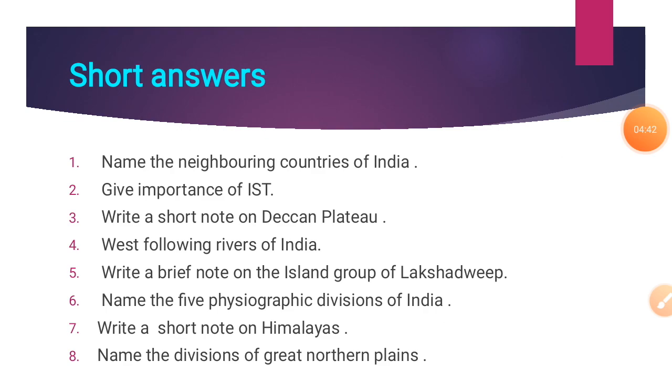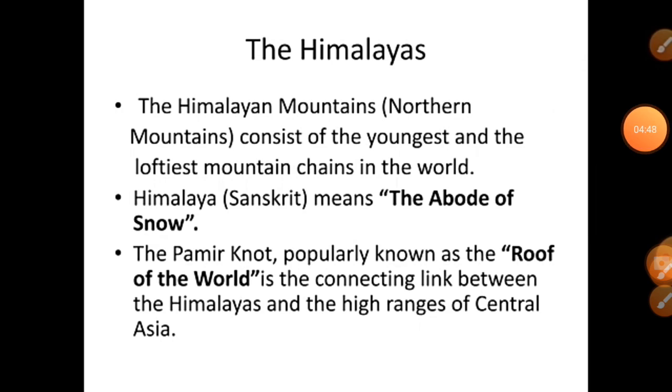The next question is, write a short note on Himalayas. The Himalayan mountain is also called the Northern Mountains, which consist of the youngest and the loftiest mountain chains in the world. Why it is called youngest means it was formed only a few million years ago.